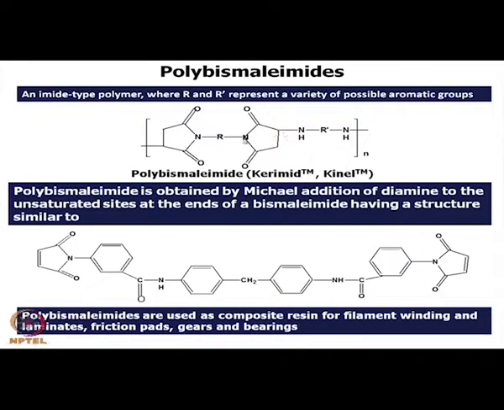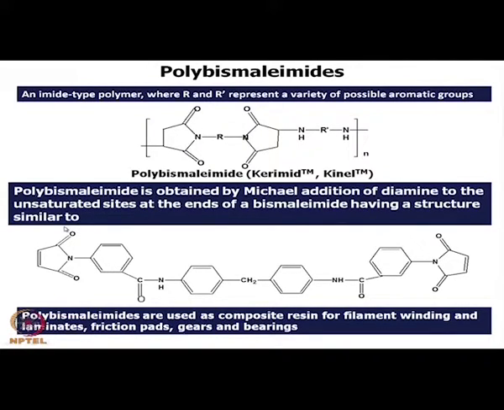This is possible. There can be other polybismaleimides obtained by Michael addition of diamine to the unsaturated sites at the ends of a bismaleimide having a structure similar to this.